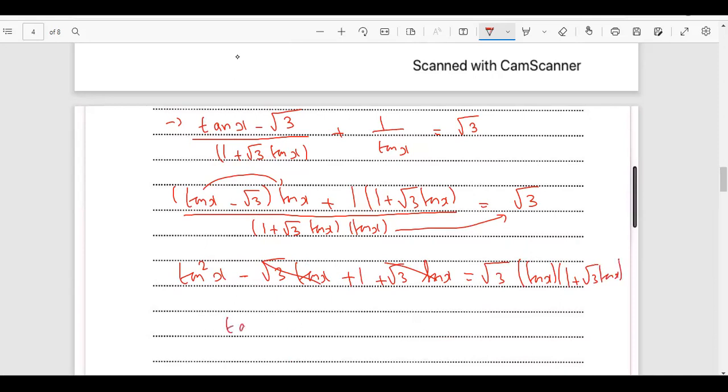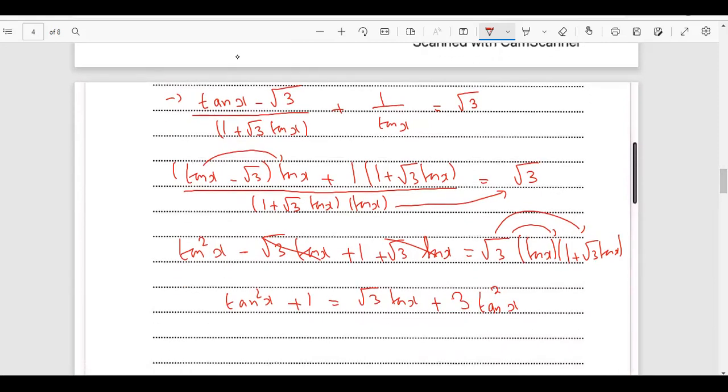So I'm left with tan square x plus 1 equals root 3 tan x, plus root 3 tan x into root 3 tan x, which becomes 3 tan square x. So that gives 2 root 3 tan x. Yes, and then you would be able to solve it.